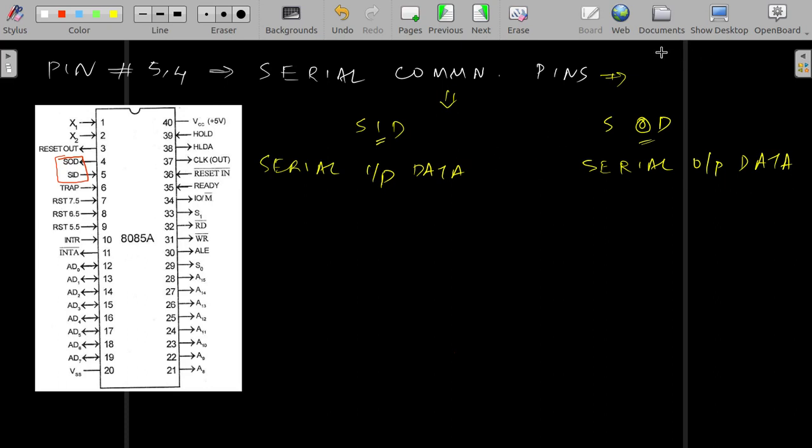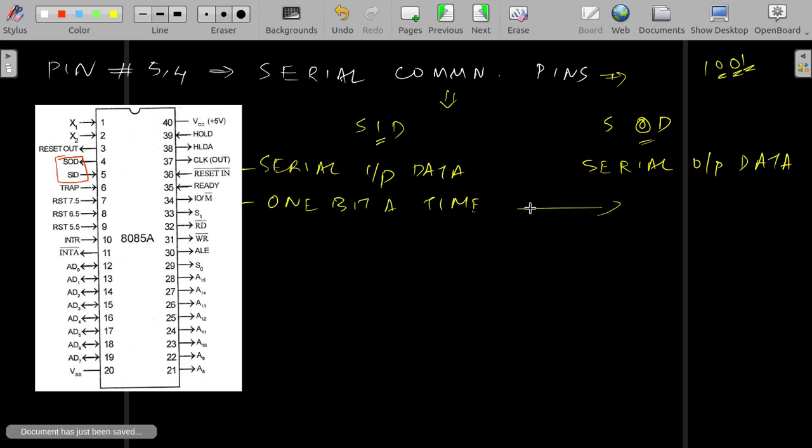Serial communication means we are sending the bits one by one, 1 0 0 1, however it is, that is at one time we are sending one bit at a time. So 1 bit at a time. This stands for both. Same here, right? Same here.